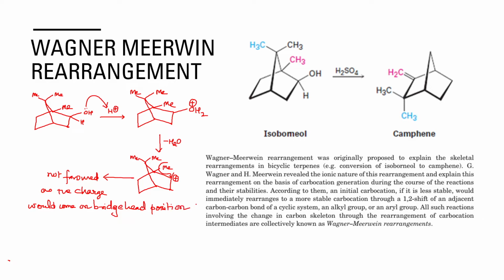So in fact होता क्या है कि something like this happens, and this is a little different from the other rearrangements that you might have seen until now. So there is a positive charge और यहाँ पे एक methyl group है.